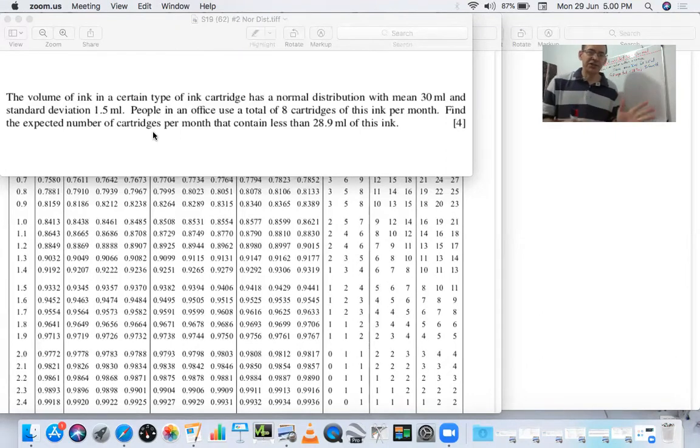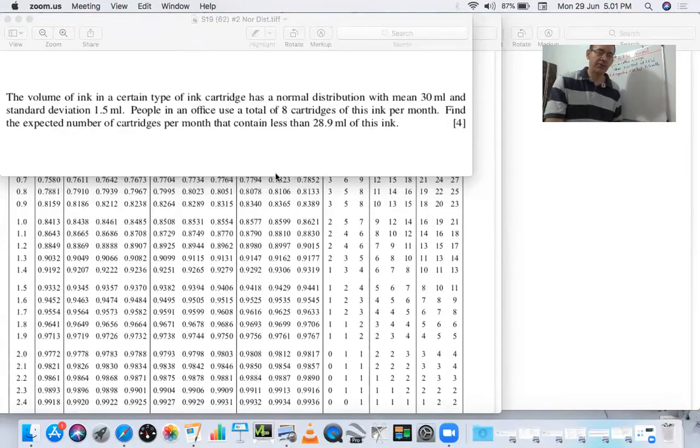Now, this question is basically straightforward. However, at the very end, it has added one extra step. Notice it's not asking for a probability. The answer to a normal distribution is a probability. It goes beyond that and says, find an expected number out of 8.